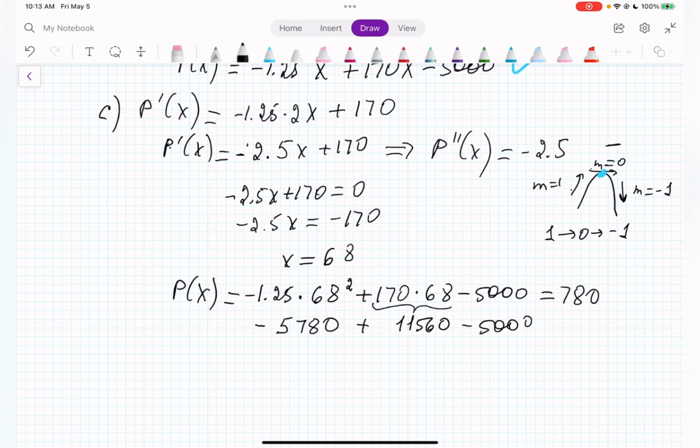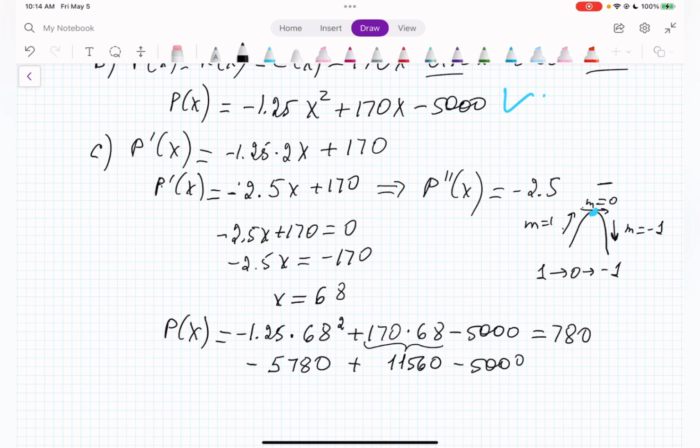170 times 68. Seems to me I don't like something here. Hold on, let me double check. It's kind of too little. This much expenses for $780. No, that's not good. Let me check. 68 times 68, 4,624 times 1.25 with negative is 5,780. Okay. Next, 170 times 68, we get 11,560, and then minus 5,000.